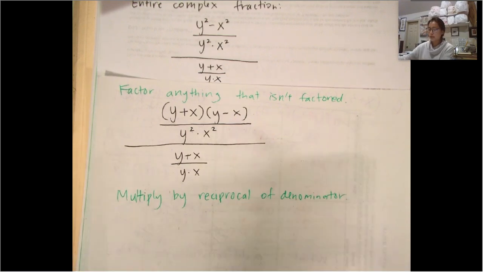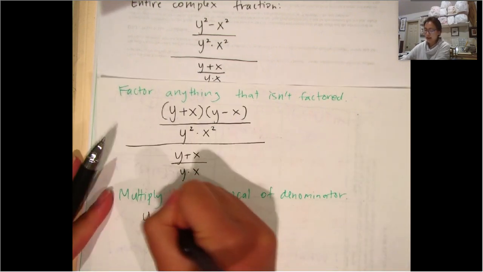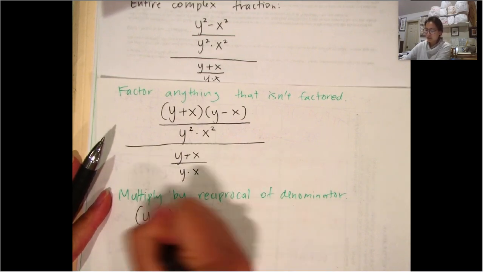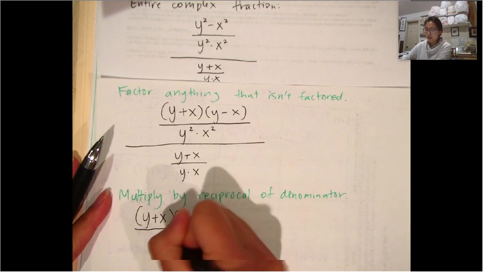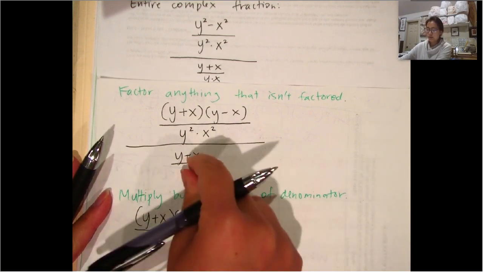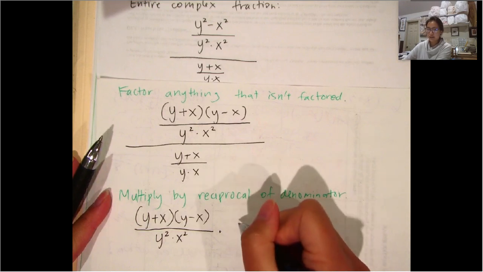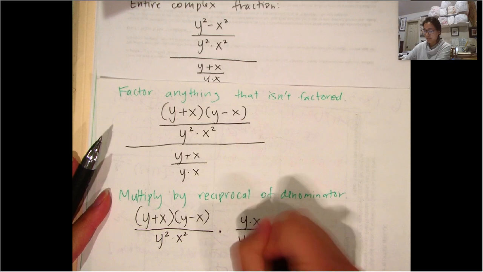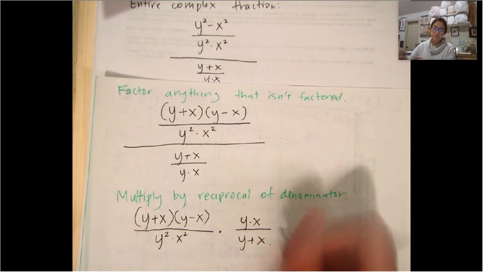So basically it'll be the numerator, which is y plus x times y minus x divided by y squared times x squared times, and then the reciprocal of this denominator. So that'll be y times x divided by y plus x.